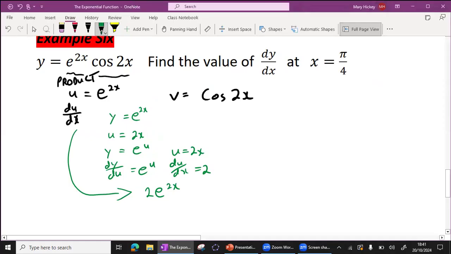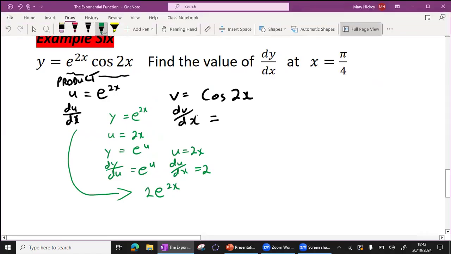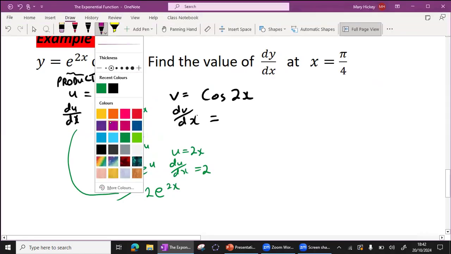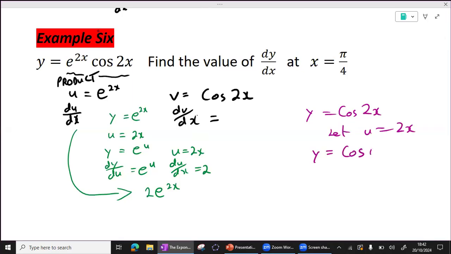Now, if I'm doing dv dx, again, if I want to change the color of my pen and go off to the side, normally this thing, if I was doing this as a standalone question, I would let u is equal to 2x. So really, I would have y is equal to the cos of u, and u itself is 2x.